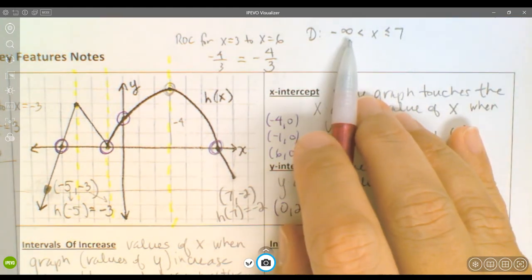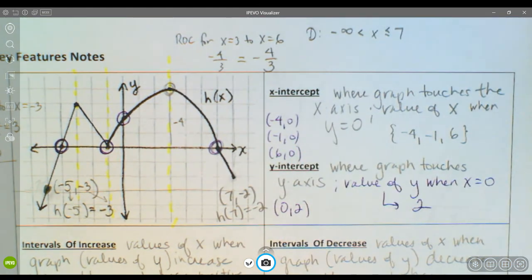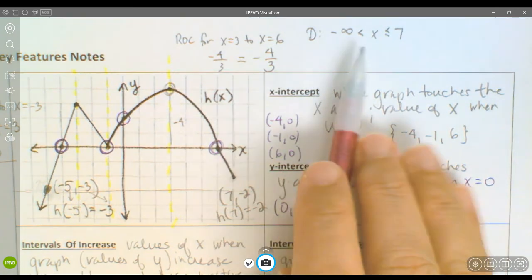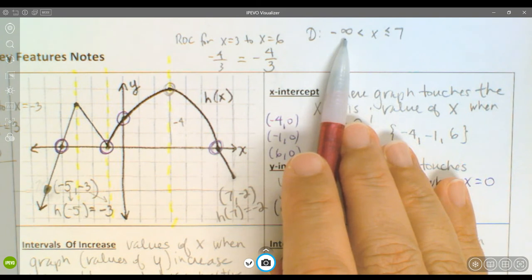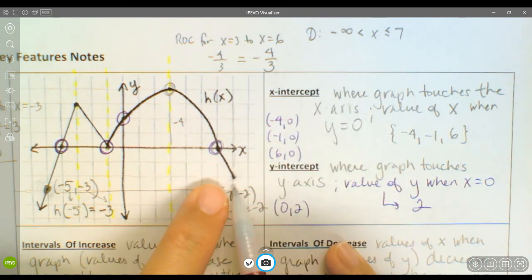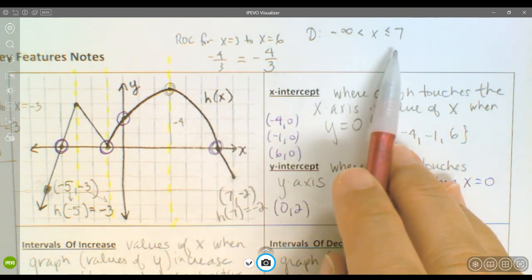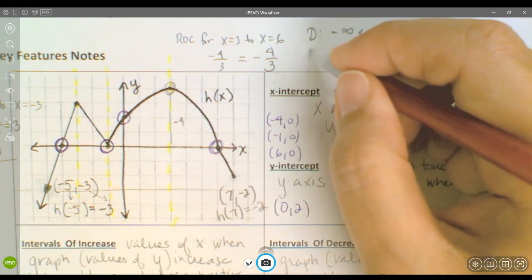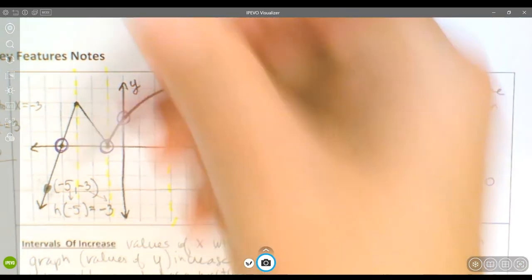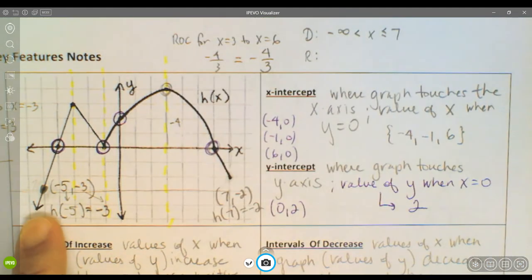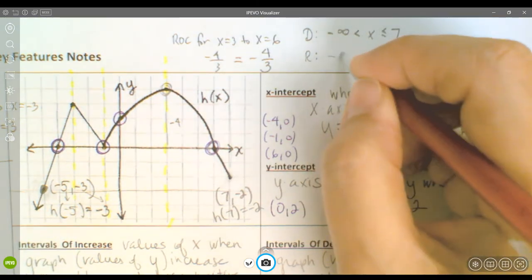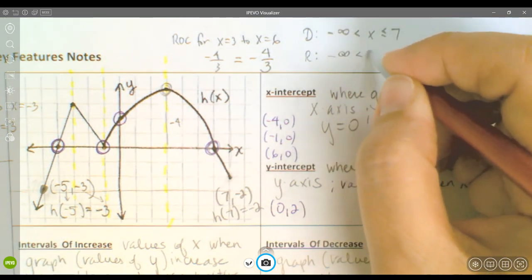You can never touch infinity because you'll say, oh, the biggest number is 1 billion. I can just say, well, it's -1 billion and 1. And someone else will say, well, it's -1 billion and 10. And we will just keep going. We never touch -infinity. But notice with the closed circle, we do touch 7. And now let's look at the range. How far down does this thing go? Well, it goes down forever. So my range goes from -infinity.